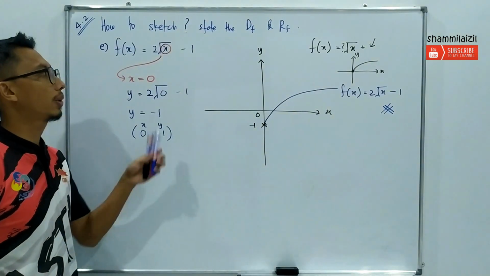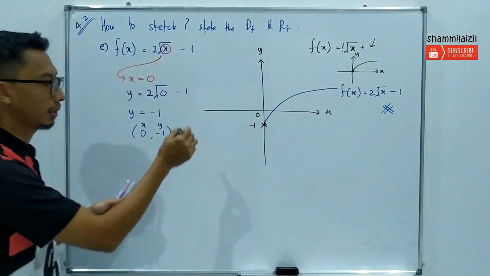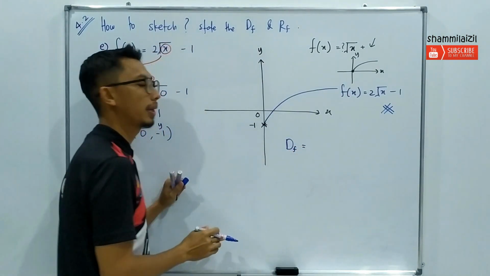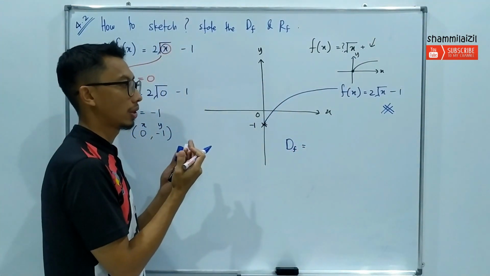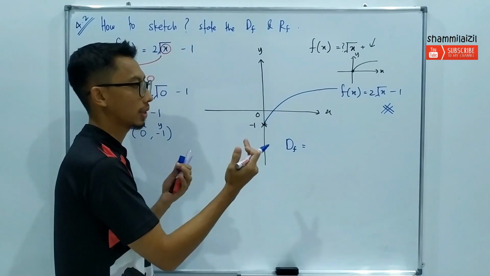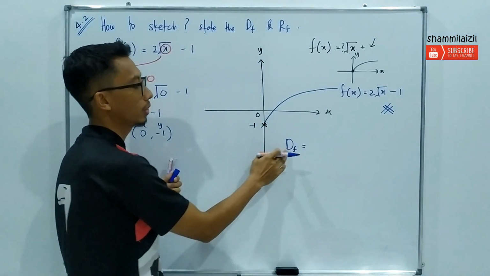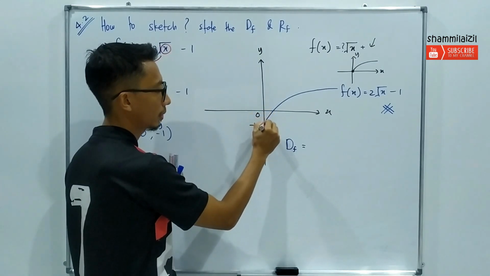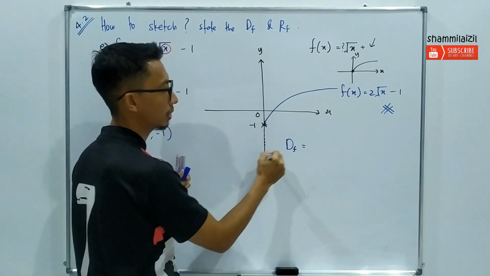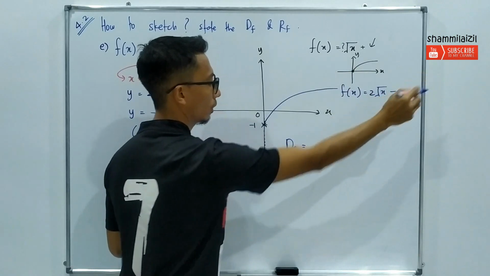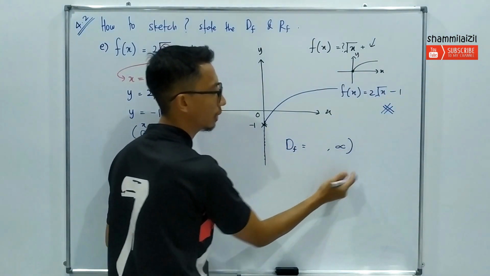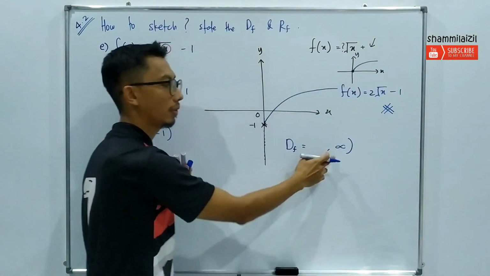So let's find out the domain and range for the graph. Domain is the horizontal part of the graph, starting from where to where. Horizontally, it starts from this line to infinity, right? We knew already that it will end up at infinity.